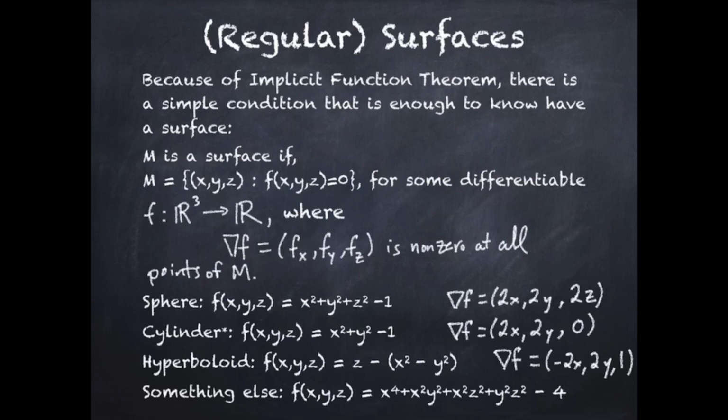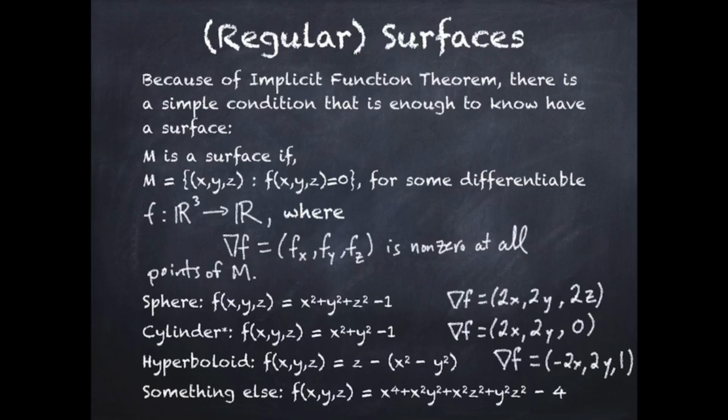And the hyperboloid, just like the graph of any 2-variable function, is going to have a gradient that is not 0 anywhere in all of R3. You see that the third coordinate is just 1, and so that can never be the 0 vector. So at least for these first three, these satisfy the condition from the implicit function theorem, and so they are all regular surfaces.